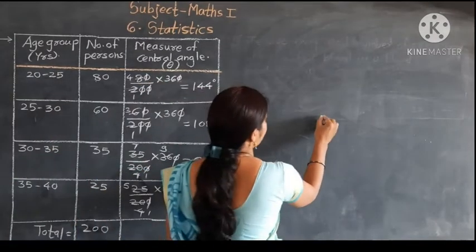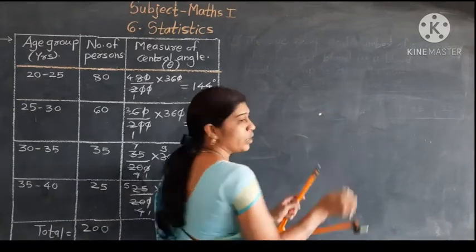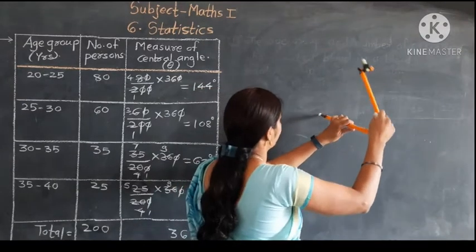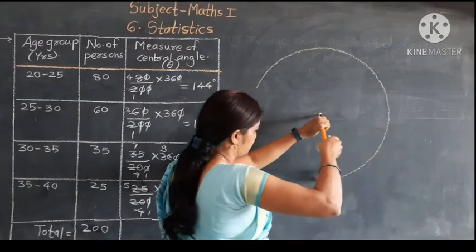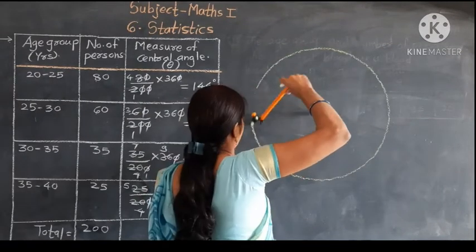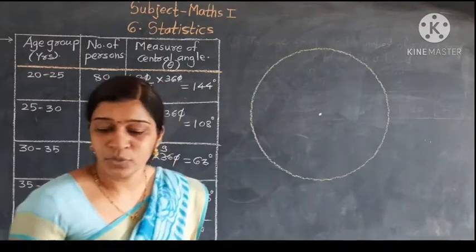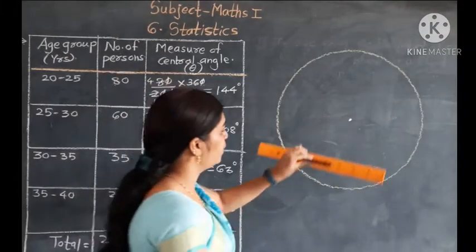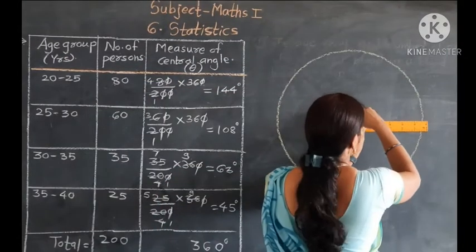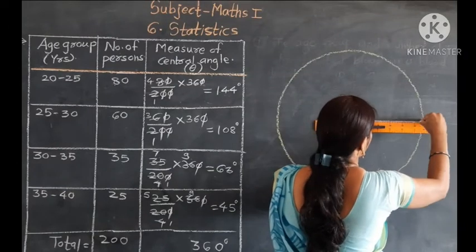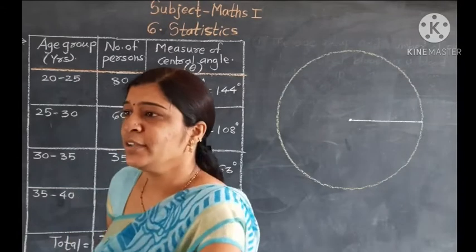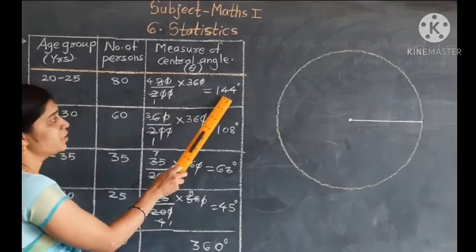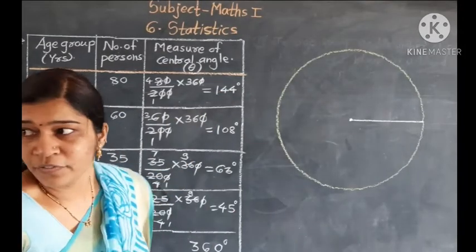First draw any circle with suitable scale, suitable radius. First draw radius. Now starting from this, first angle is 144.